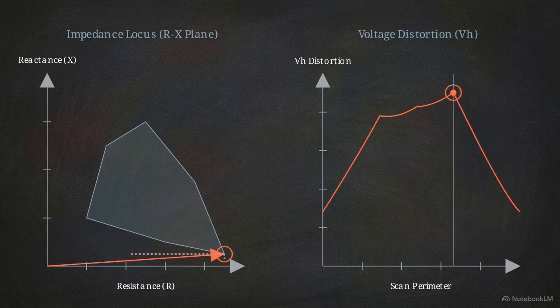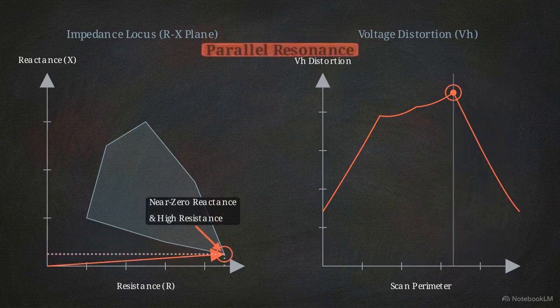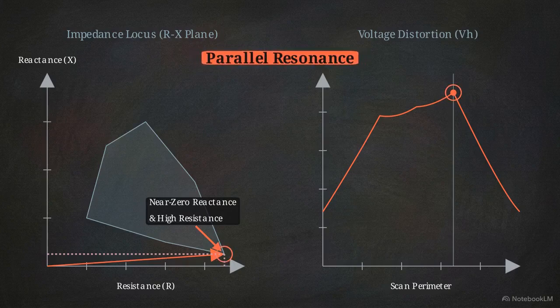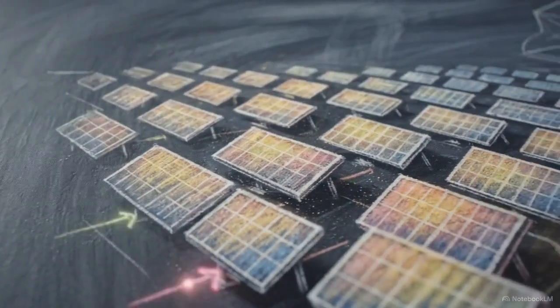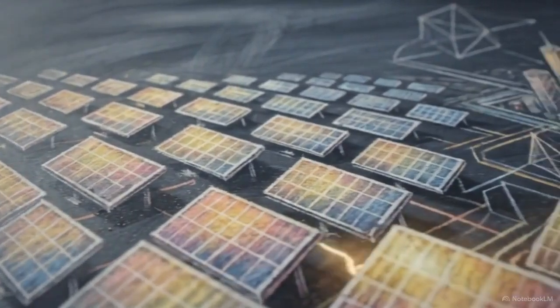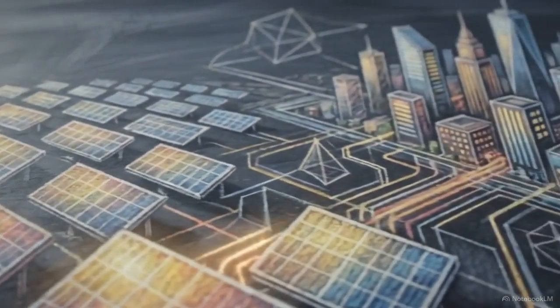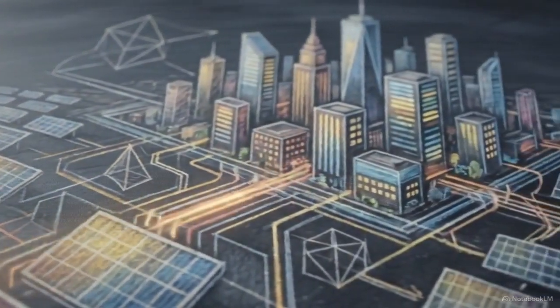This occurs where the locus shape approaches the horizontal axis, near zero reactance combined with high resistance. At these coordinates, even small harmonic current injections are amplified into large voltage distortions that exceed compliance limits. This stress test approach ensures long-term grid stability across a modern network that is increasingly dominated by power electronics.